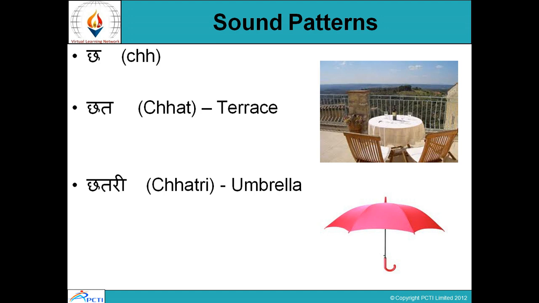Chat is terrace. Chhatri, long sound of E. As you can see, it is on the right hand side. So it is a long sound of E, and it's a symbol representing the long E sound. So chhatri, umbrella.